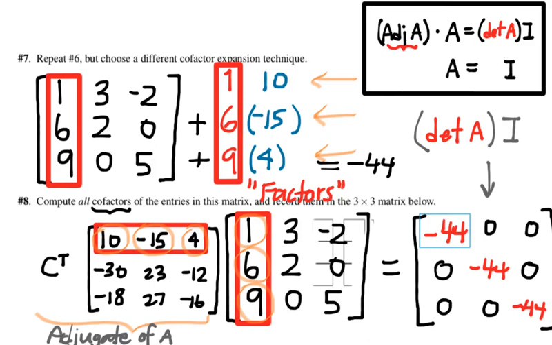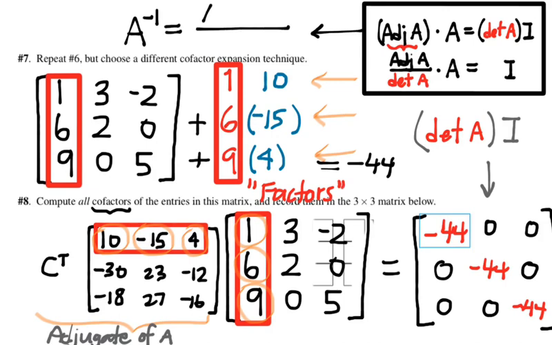But now, just dividing both sides by the determinant of A, we find out exactly what we need. It's the adjugate of A divided by the determinant of A. So the upshot of all of this is that the inverse of the matrix A is exactly its adjugate divided by its determinant.